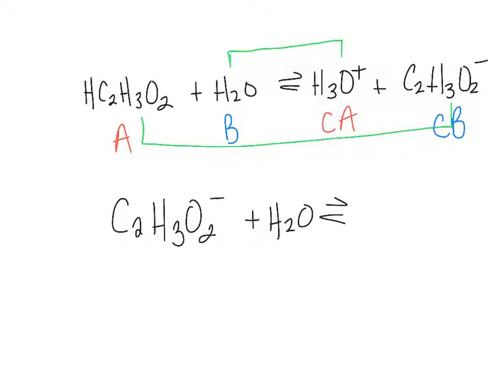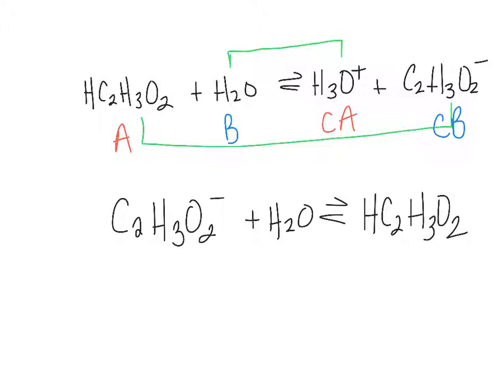Water is either going to act as an acid or a base. Is that one going to steal it and become ethanoic acid? Yes, that's exactly what it's going to do.